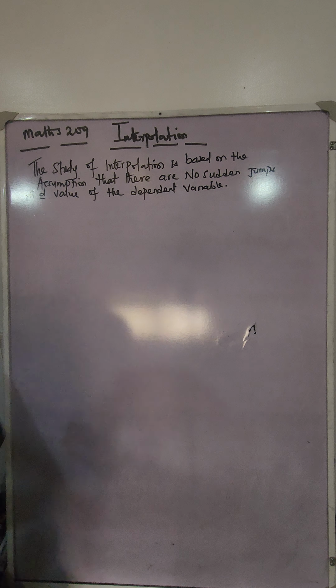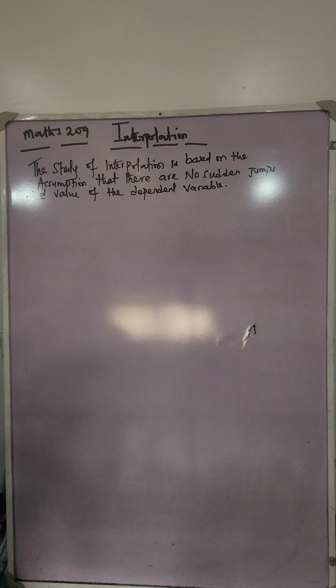Right? So we've been able to learn that interpolation is broken down into two. The first angle is interpolation with equal interval. The second angle is interpolation with unequal interval.